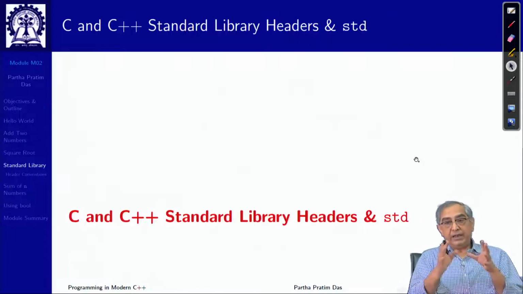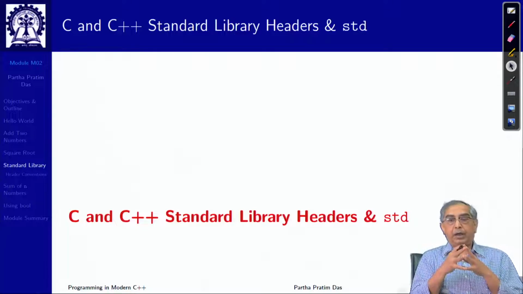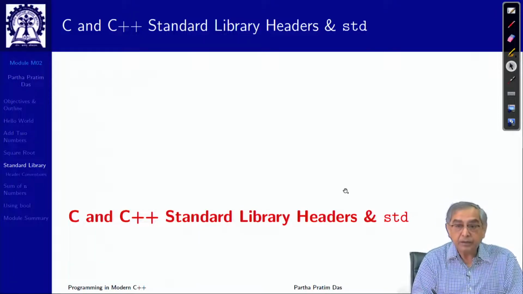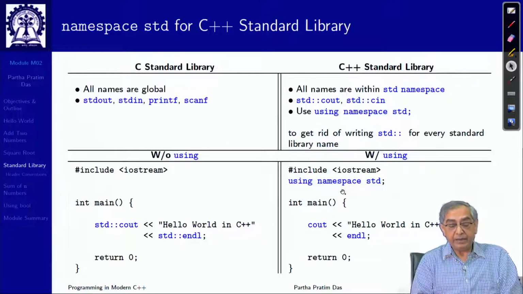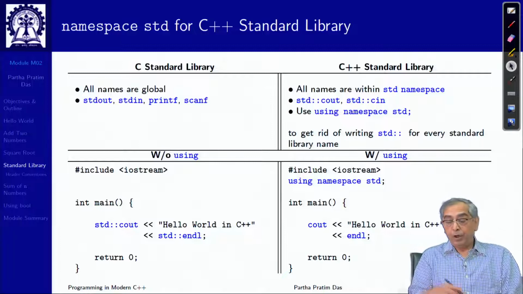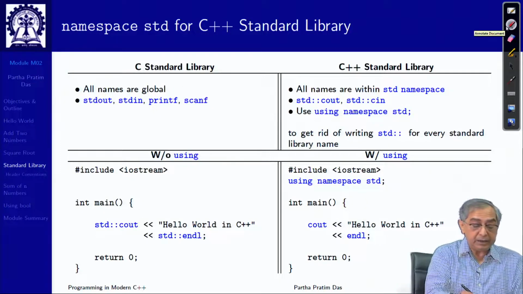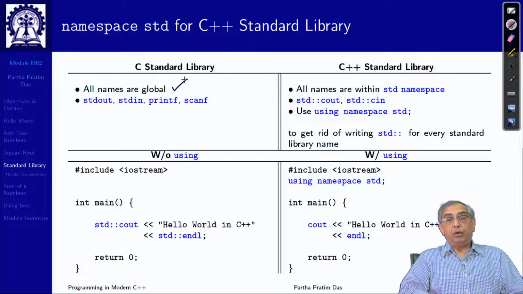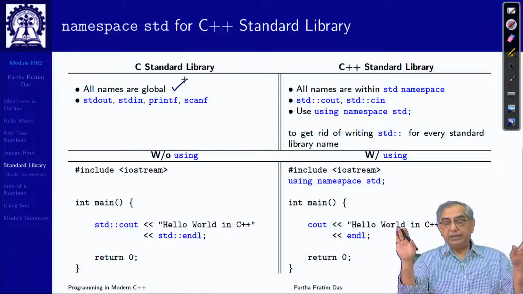Now, having said that, let us take a quick look at how the C standard library works in C++, and what is the role that the std namespace plays there. So, what I have is a C standard library where all names are global, as you know, in C all functions are global.